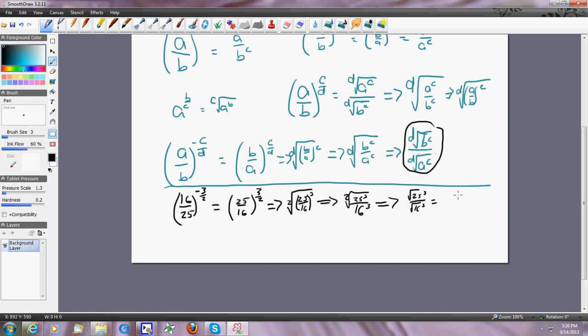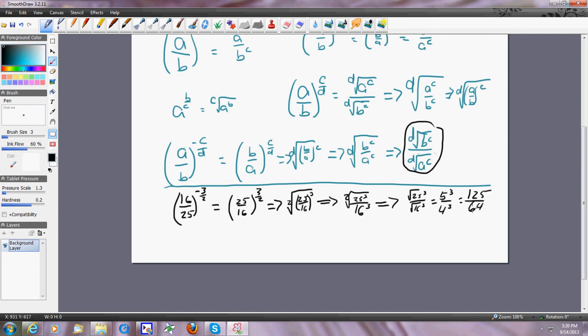But wait, I know the square root of 25 is 5, so I get 5 cubed over the square root of 16, which I also know is 4. Square root of 16 is 4, but to the power of 3 is 4 cubed.